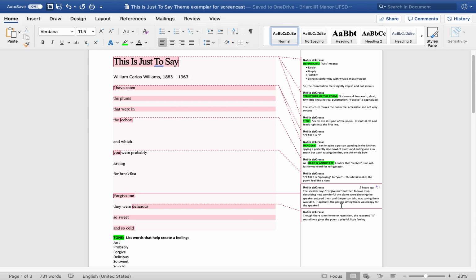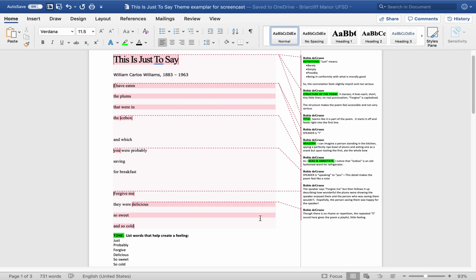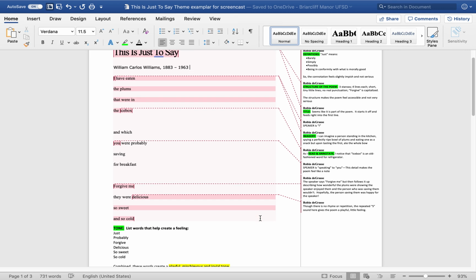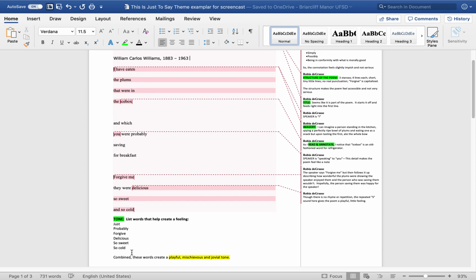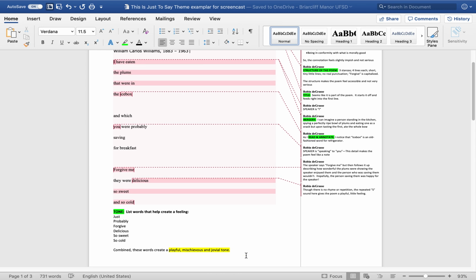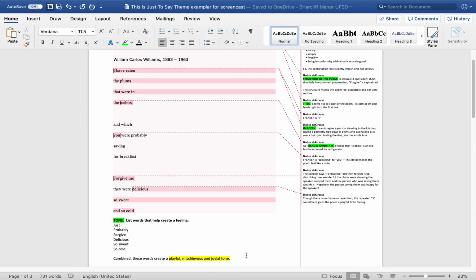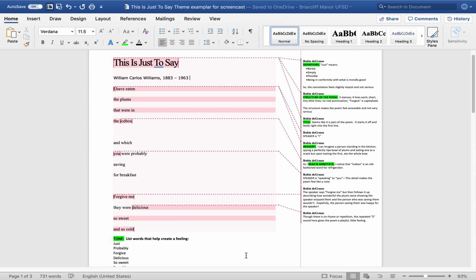And hopefully, the person who was saving them was happy that the speaker did enjoy them. We listed some words in terms of tone, and I think your list was just probably forgive, delicious, so sweet, and so cold. And combined, you felt that the words created a playful, mischievous, and jovial tone.